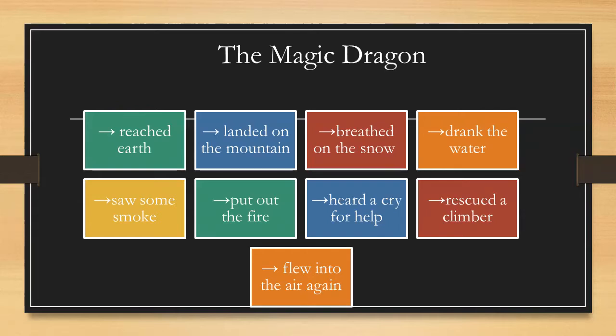First one is reached earth, then landed on the mountain, then breathed on the snow, then drank the water, then saw some smoke, then put out the fire, then heard a cry for help, then rescued a climber, and then flew into the air. The arrows used show which action happened first and which action happened later.